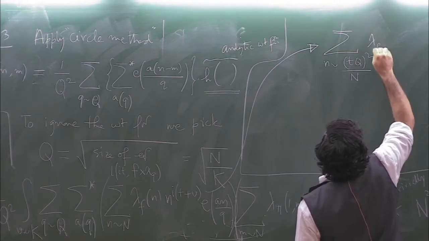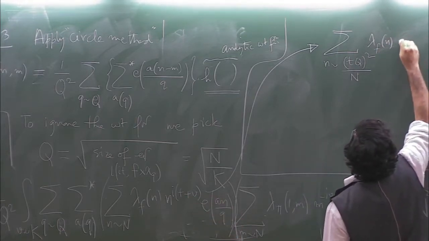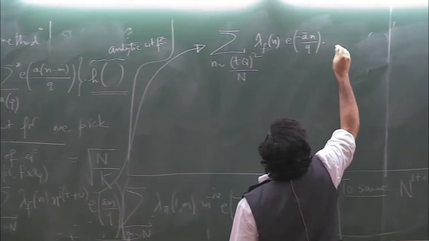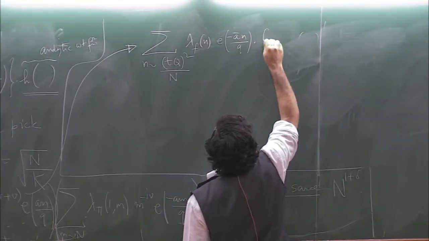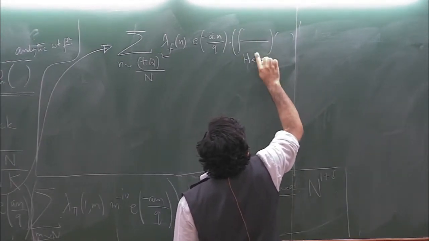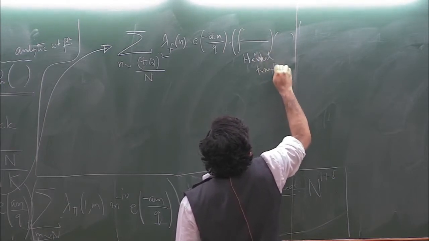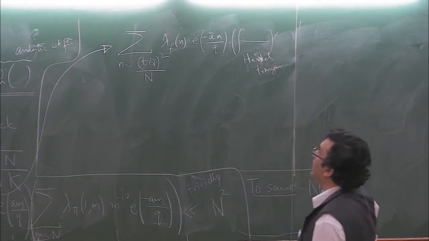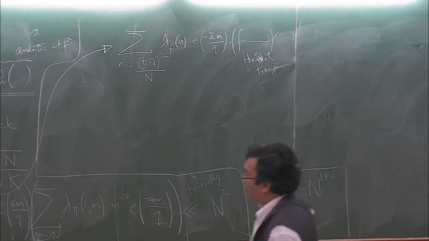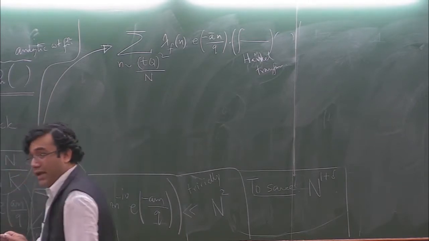And this is what's going to happen to the remaining things, a bar n by q, and then there will be some integral. So this is the Hankel transform. Okay, so now, as I said, if I estimate this trivially, I get n.